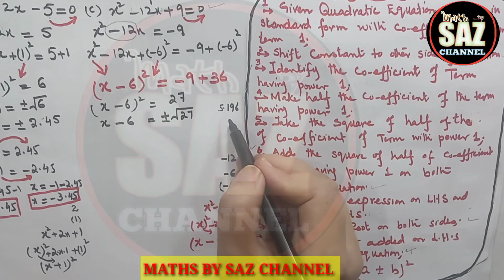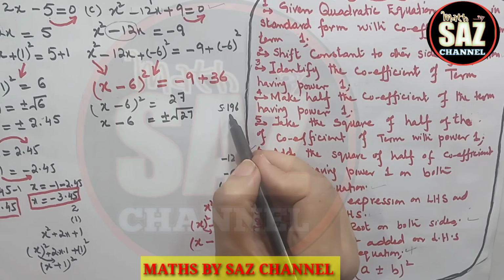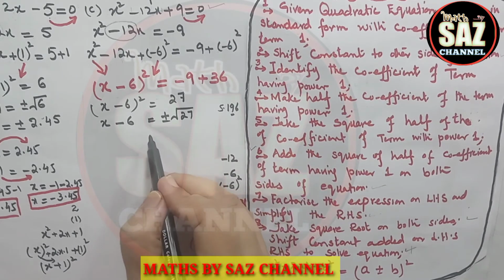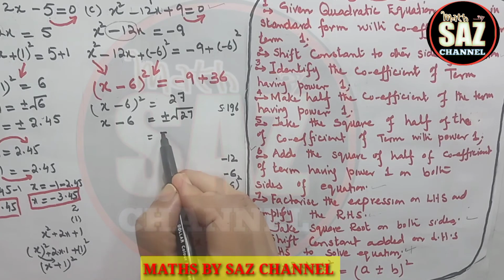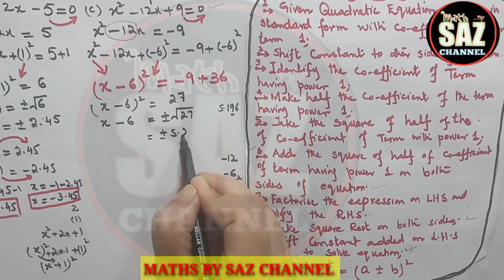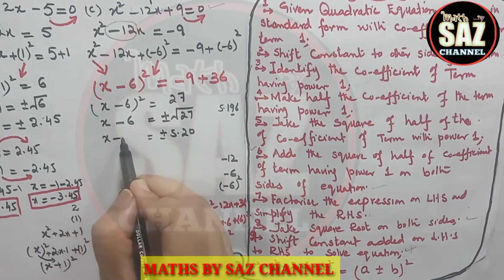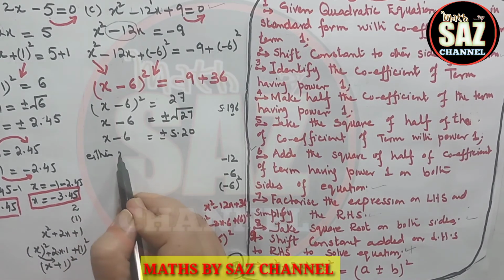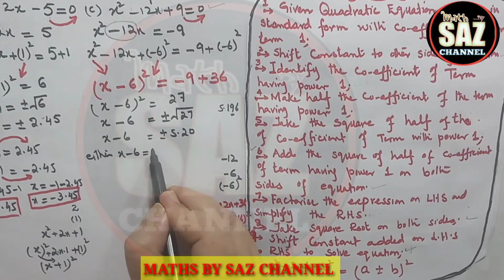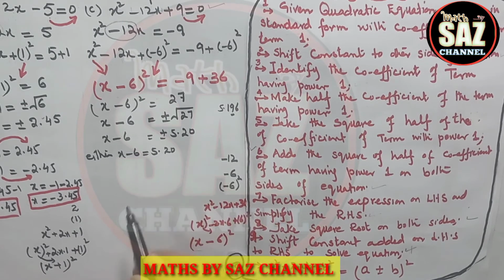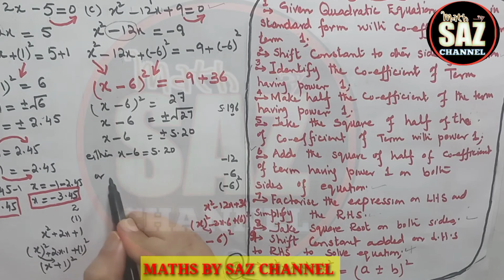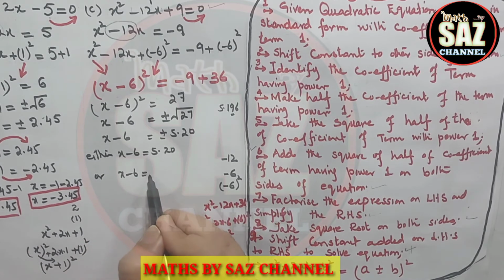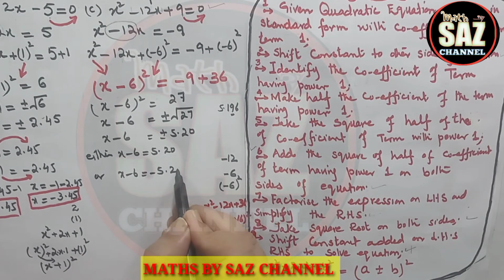As I have to take 2 decimal places, my value will become 5.20. Now either x minus 6 will be equal to 5.20 or x minus 6 will be equal to minus 5.20.